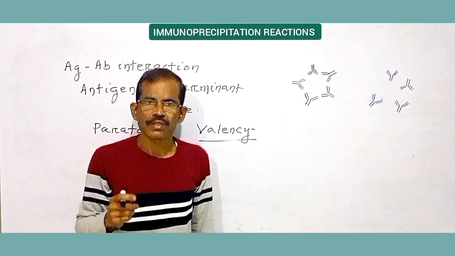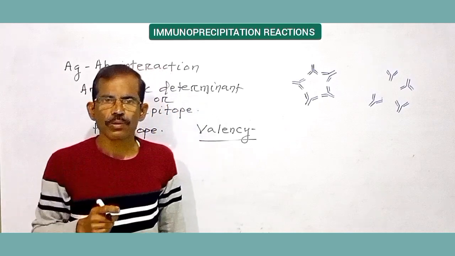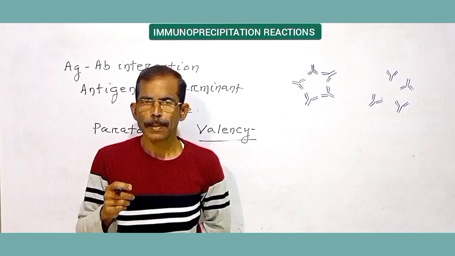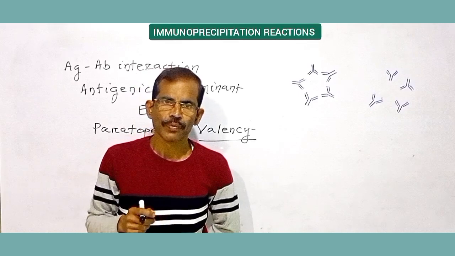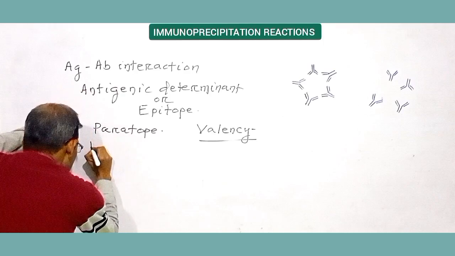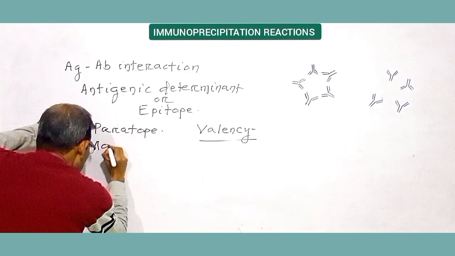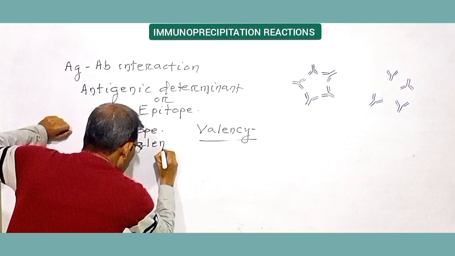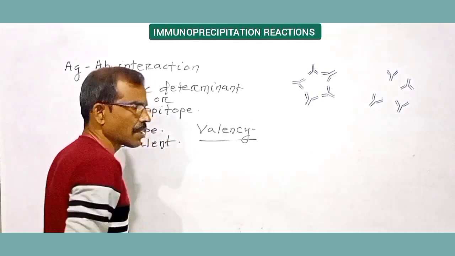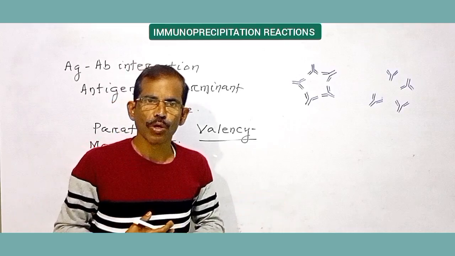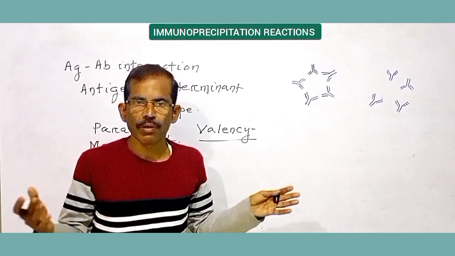It determines the number of antibody molecules that can combine with an antigen at one time. If one epitope is present, then the antigen is monovalent. Most antigens, however, contain more than one copy of the same epitope and are therefore polyvalent.